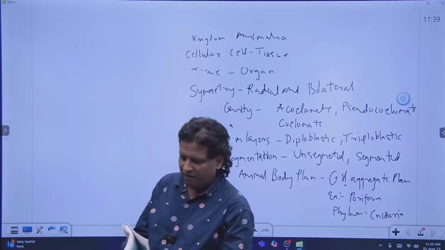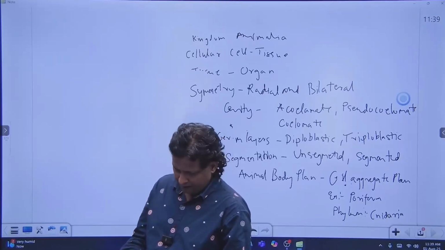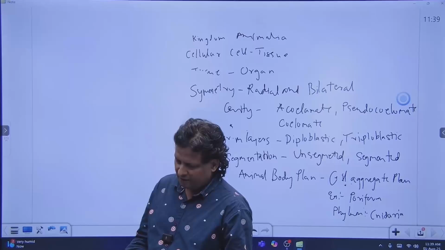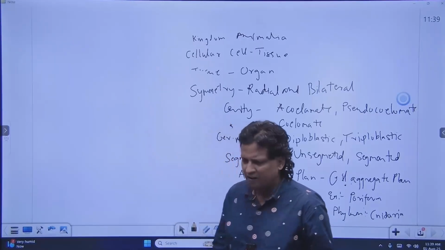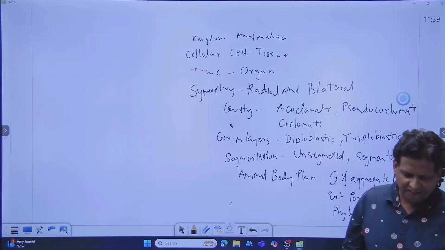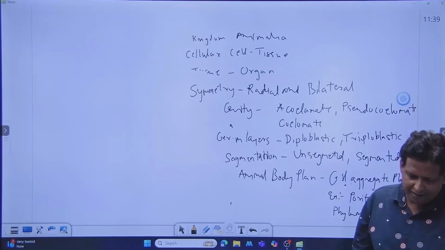You understood how is the typical sponge body? Sycon and sponge body diagram, you have seen? Roughly just draw it, not nicely, and see what the parts are in the diagram.